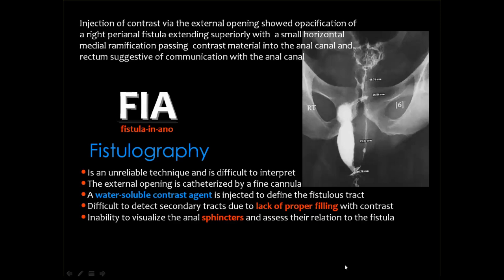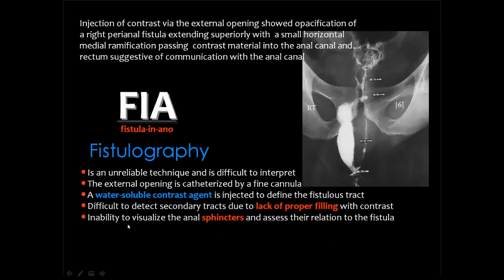This technique is now considered extremely unreliable and is difficult to interpret in view of the new classifications. This technique may fail to outline the side tracts because the tracts are occluded by pus or granulation tissue.